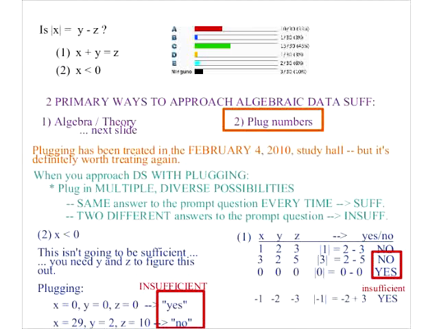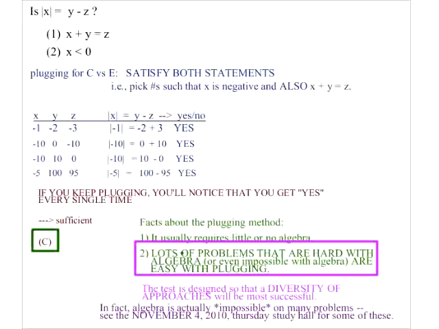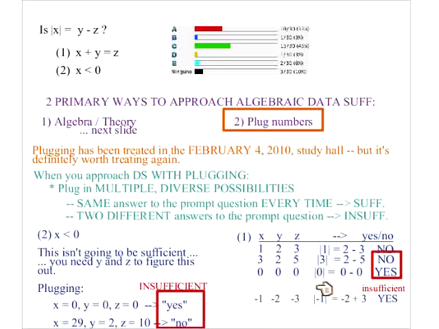Dealing with statement 1 by itself this way is not easy to do, like dividing this into these two statements and all this other kind of stuff. Yes, you should know how to do this, but notice this is a royal pain. Versus this handling of statement 1 is very, very easy. You just pick a couple sets of numbers and throw them in there and, oh, look, insufficient.